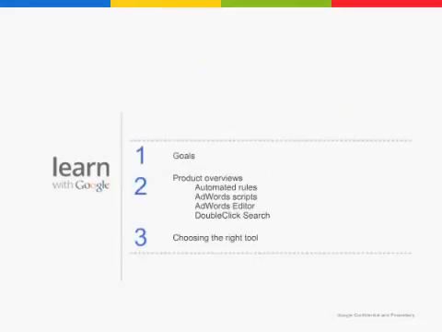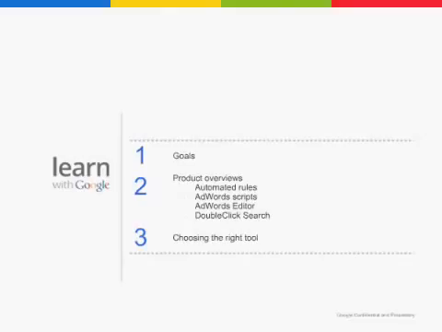So now that we have all those housekeeping items out of the way, let's go ahead and get started. So here's what we'll be covering today. First, we are going to be reviewing the goals of the webinar and how Google is working to help large advertisers and agencies be more effective and efficient with the right account management solutions.